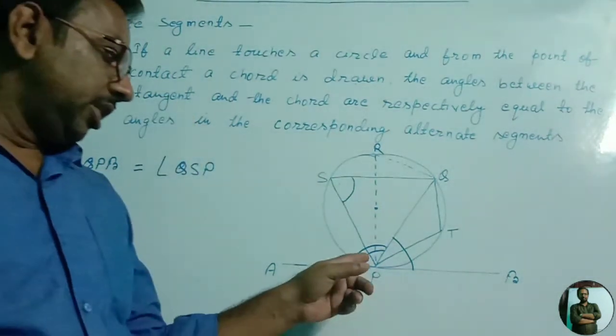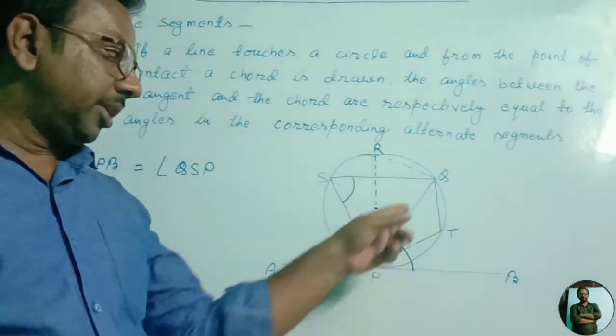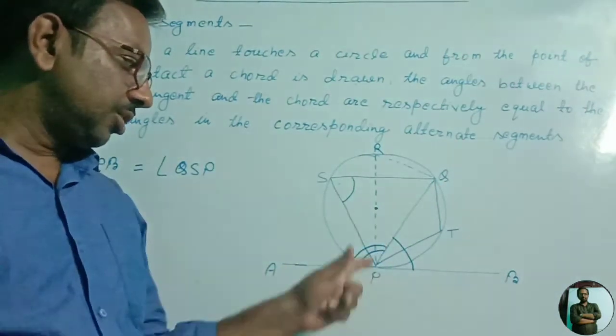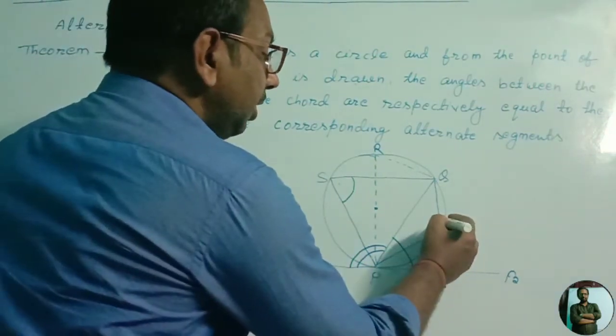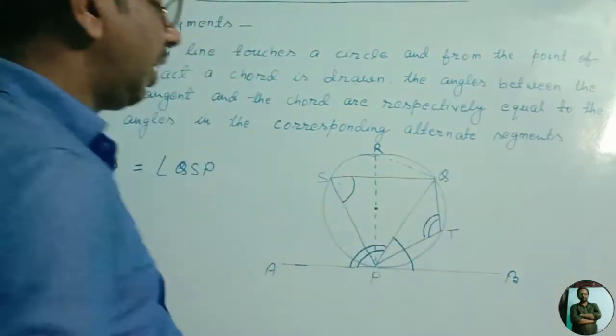Similarly, this angle is also subtended by the chord and the tangent. So for this angle, angle QTP will be the angle in the alternate segment.